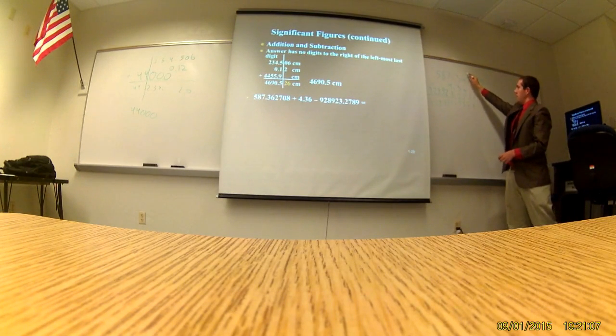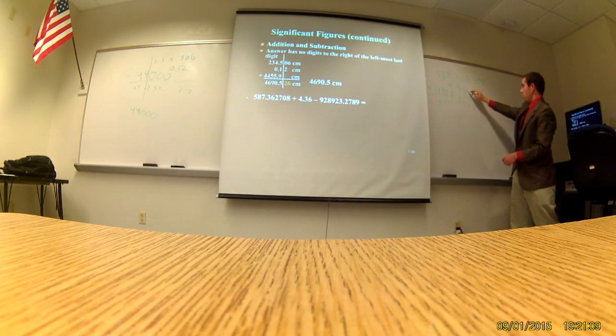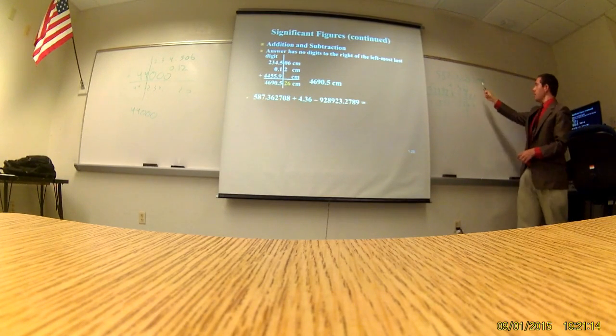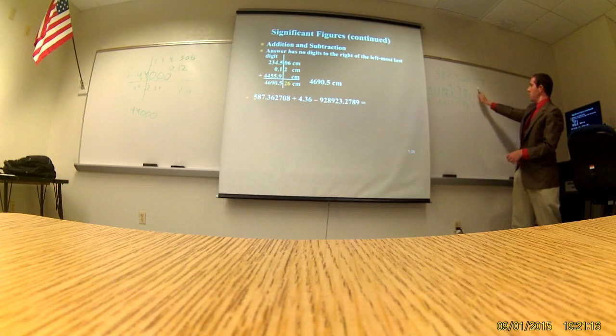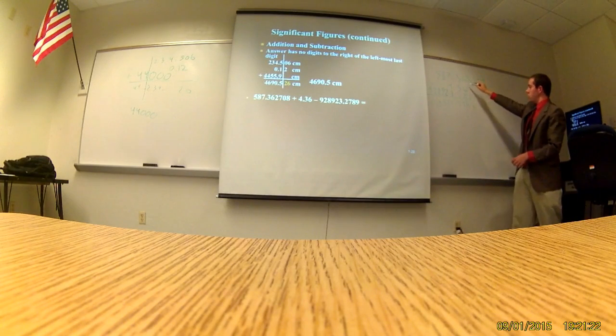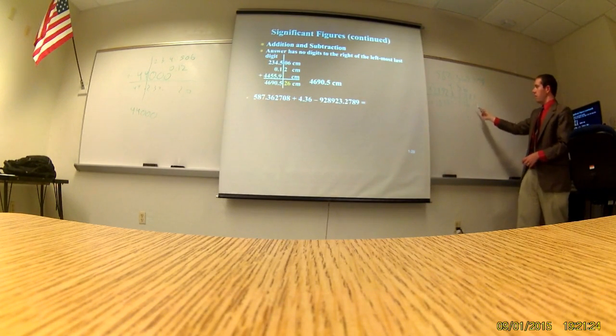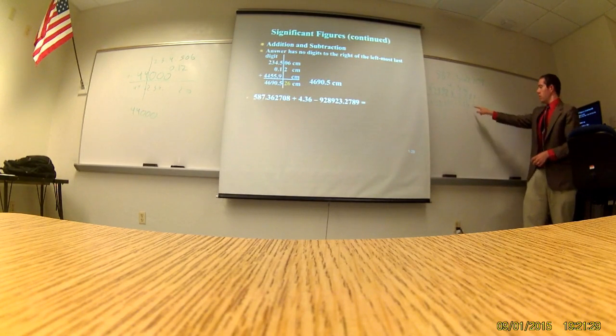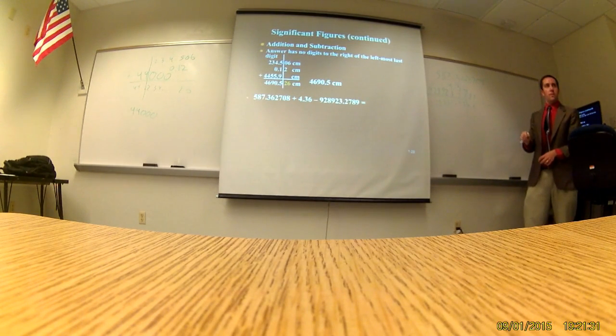Does everybody see why the line is going to go there? The last sig fig in this number is here, and this one is here, this one is here. That one's the furthest left. So you draw the line just past that, and so I round to the left of that line. Does that round up or down?